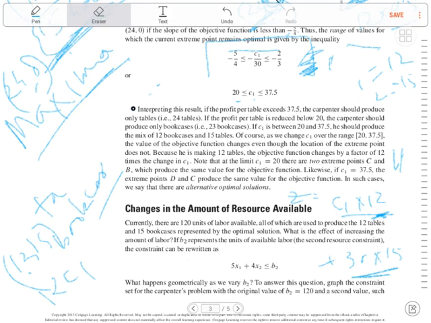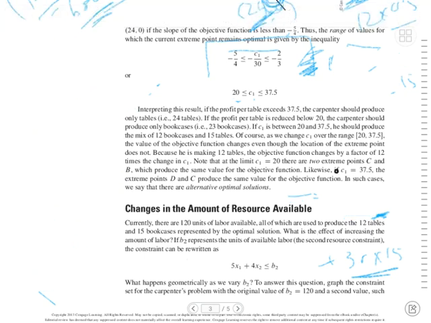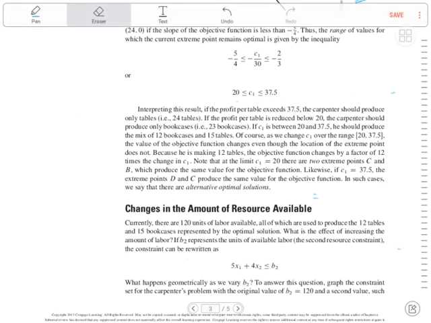When we reach the two extreme conditions, 20 and 37.5, in that case an alternative optimal solution is coming. So in the entire possible value of C1, from 20 to 37.5, beyond 37.5, below 20, and at 20 and at 37.5, everything is analyzed. So the whole analysis becomes complete here.